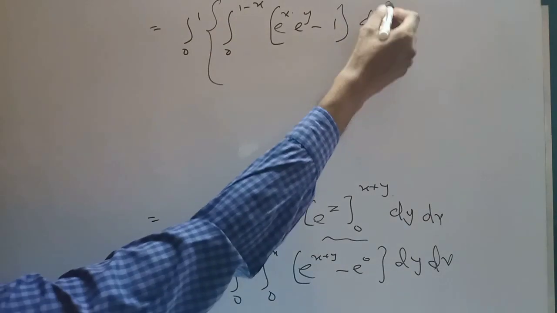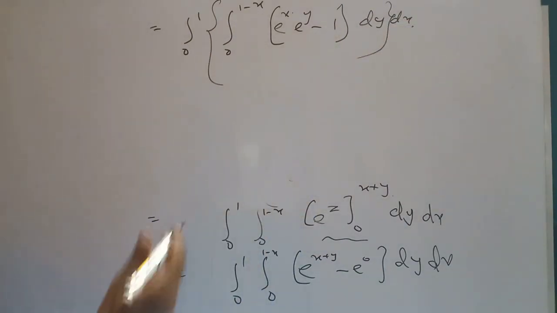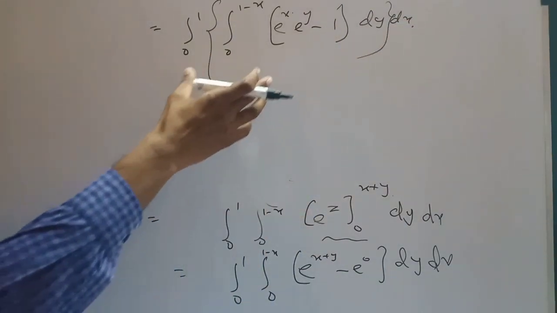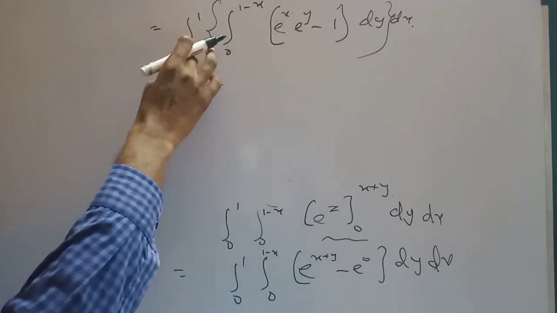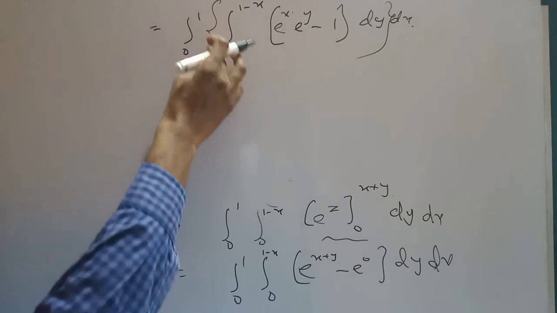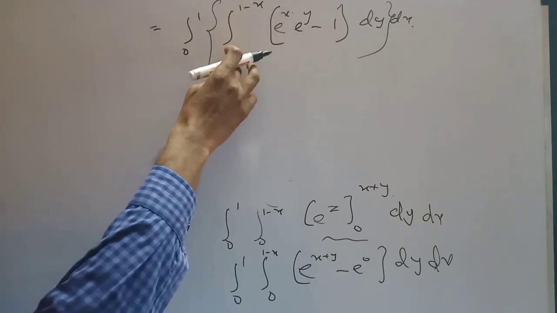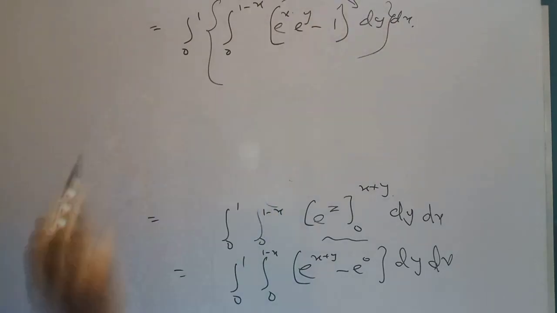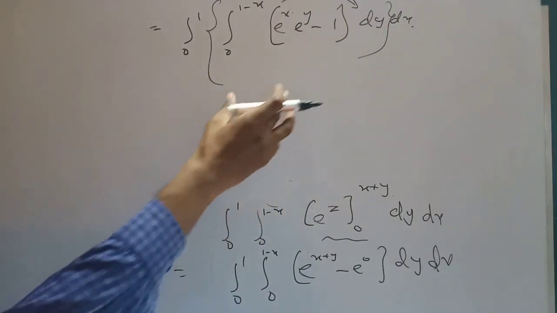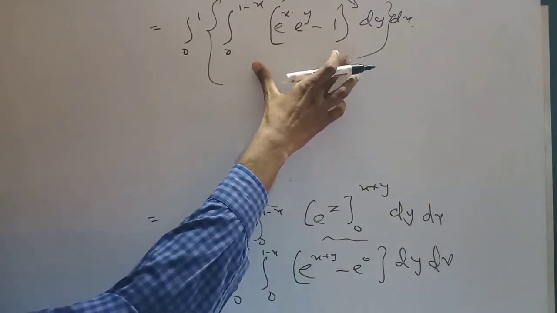Now complete the inner integration first. It is a double integral problem. Here also, the outer limits are constant and the inner limits are variable, in terms of x. So first with respect to y, then x. Now integrate with respect to y.